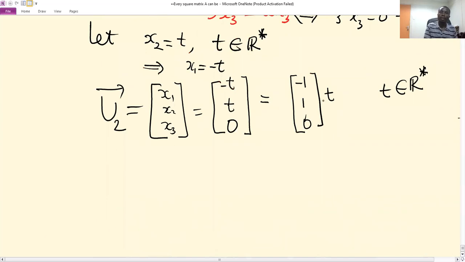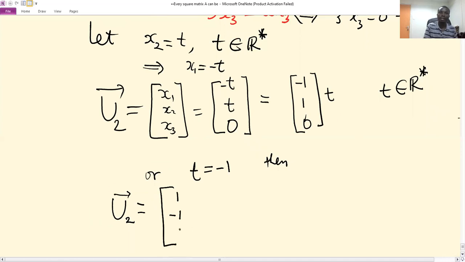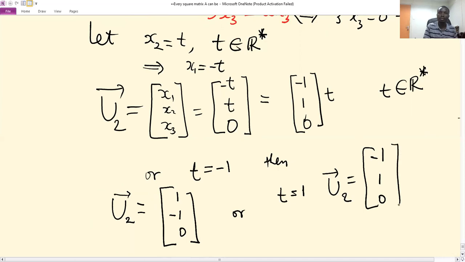So we can have this as our u2 vector, or we say, when I say t to be -1, then u2 is given by 1, -1, 0. Or you can say, when t equals 1, then u2 is -1, 1, 0.